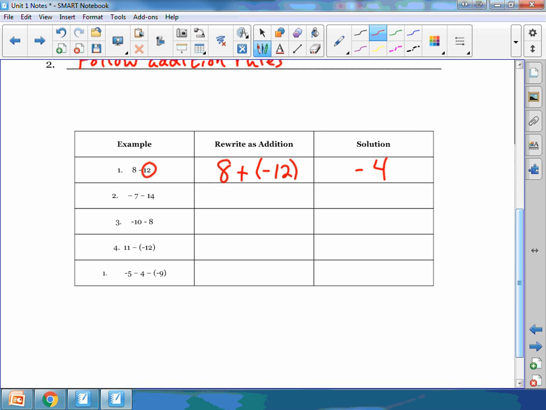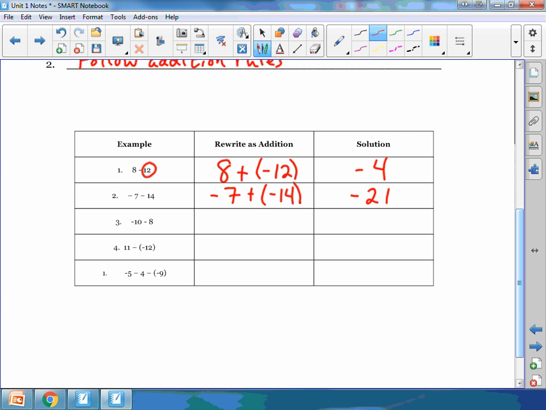Number 2, somebody tell me what this problem looks like as an addition problem. Go ahead, Victor. Well, that's what it says already. I want to make it an addition problem. Good. And what's that equal? All right.